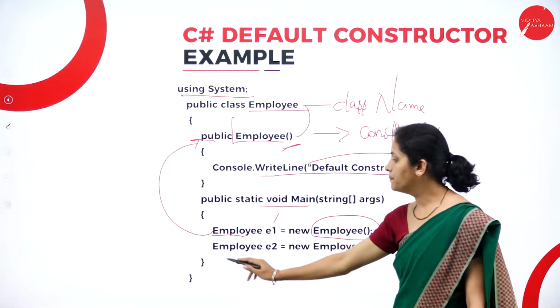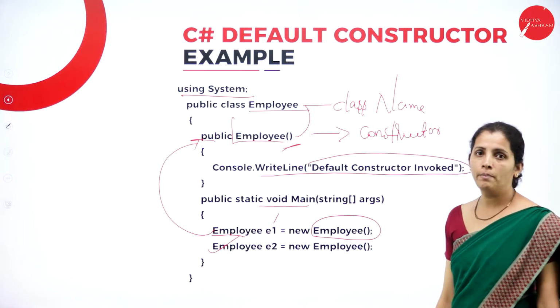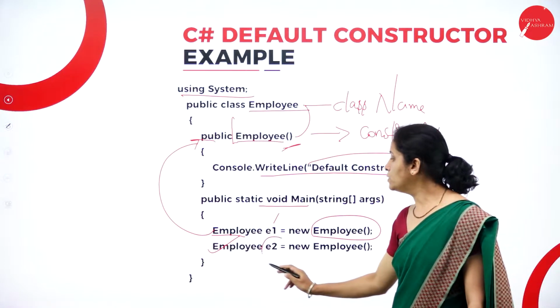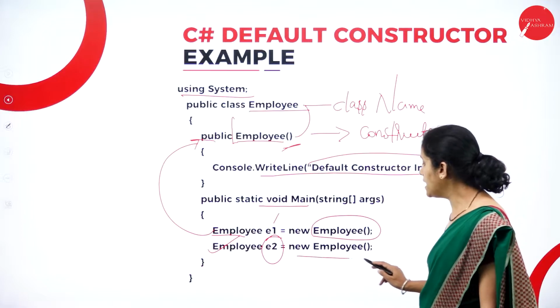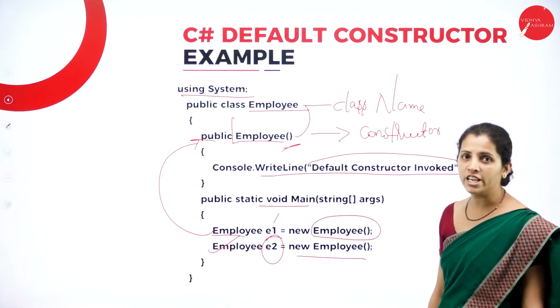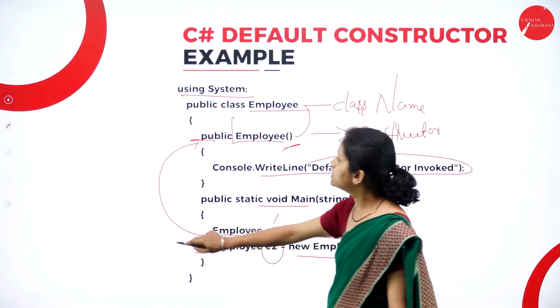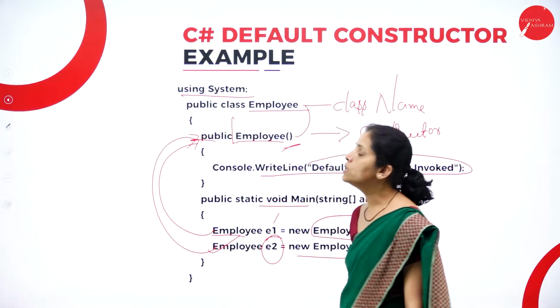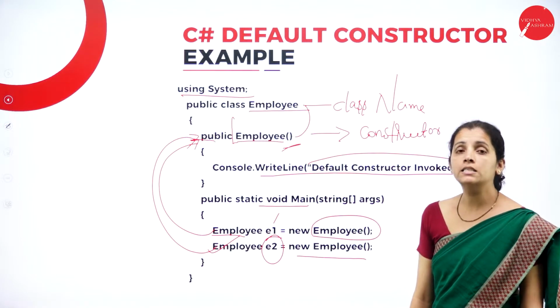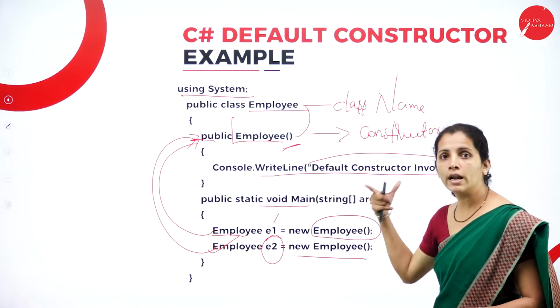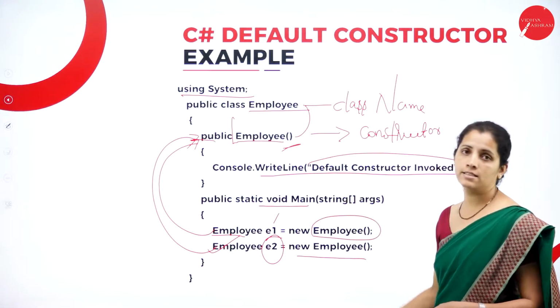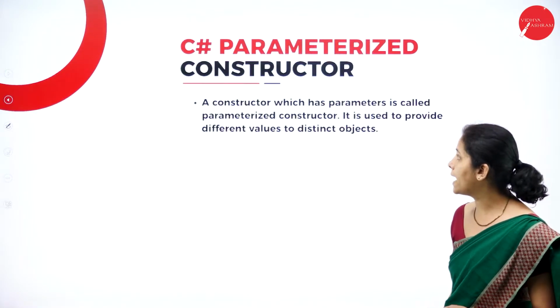Now second time, see here, employee, my class name. E2 is nothing but my object name, and when I create E2 object, the constructor belonging to employee class gets invoked. So this is the way I can write and use constructor in my program.